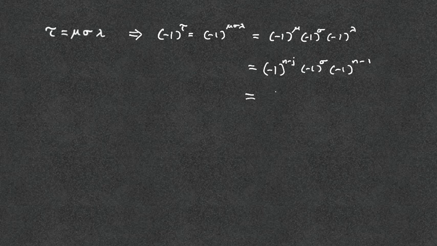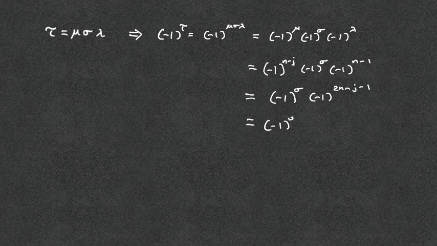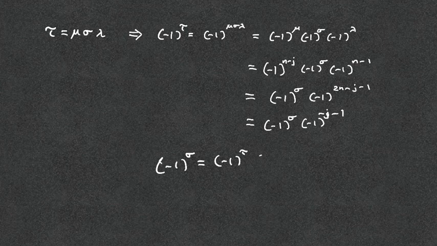So we end up with minus 1 to the sigma and minus 1 to the 2n minus j minus 1. Well, the 2n can just go away. So we've got minus 1 to the sigma times minus 1 to the minus j minus 1. So minus 1 to the sigma really just looks like minus 1 to the tau times minus 1 to the j plus 1 when we move that to the other side.